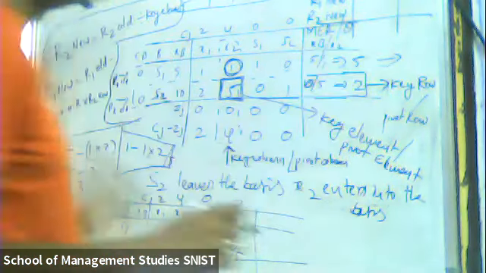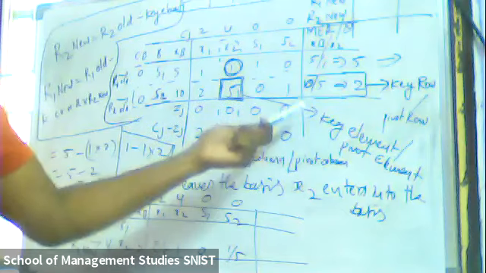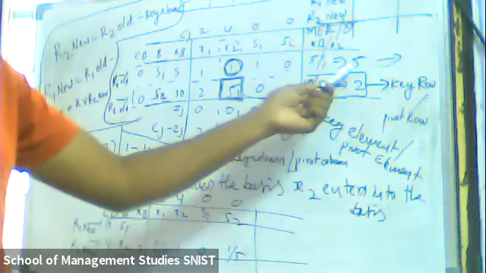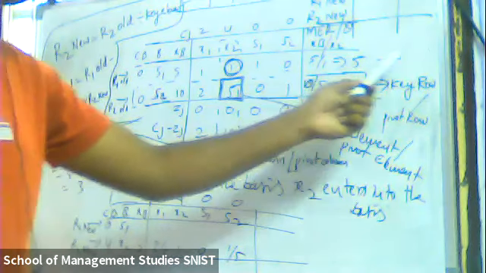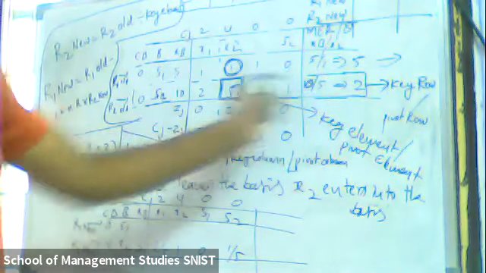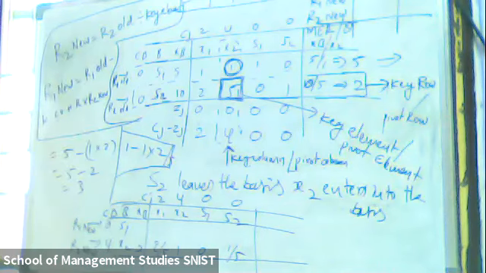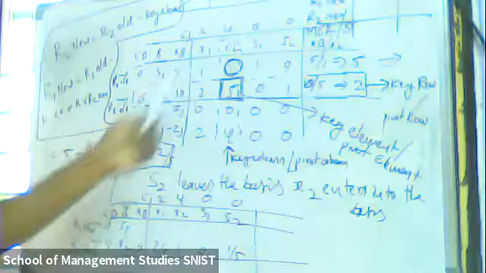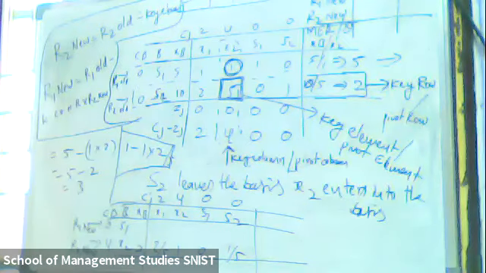Now let us assume that instead of this, we got the minimum value at S2 and it becomes the key row. Then obviously S1 leaves the basis and X2 enters into the basis.